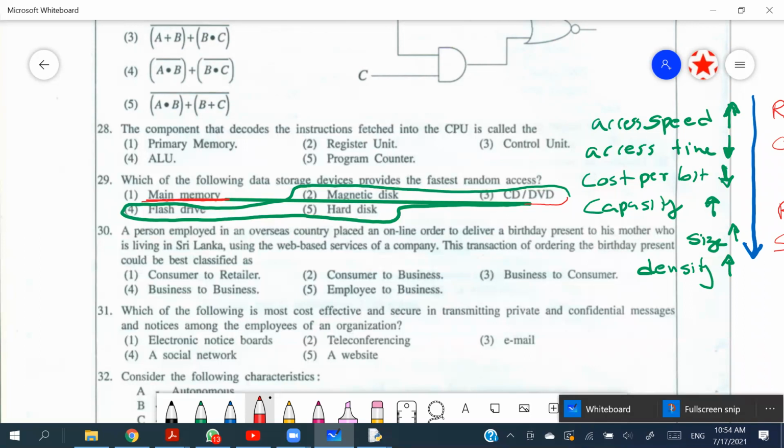So the one who is overseas is paying a company to deliver this particular birthday present to his mom. So the transaction happens between a consumer, the person, and the company. The company is the one providing the service, right?